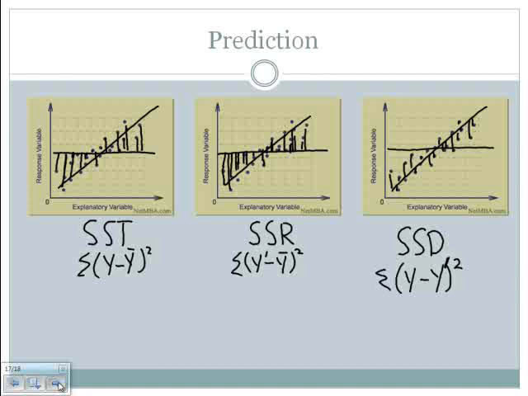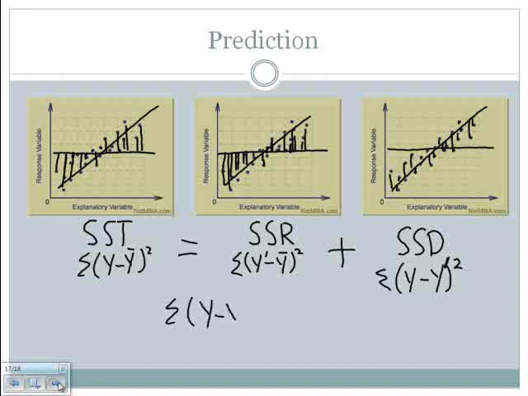All right? And what we're going to see when we do some math with this is that SST is equal to SSR plus SSD. This is going to be a long formula, but hang in there with me.